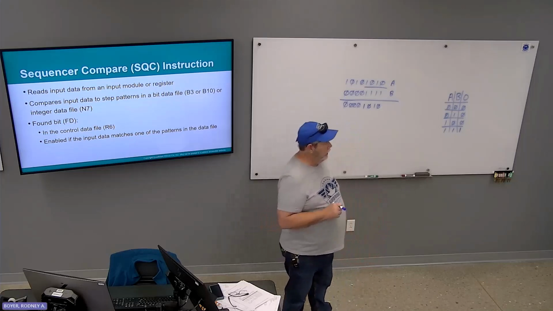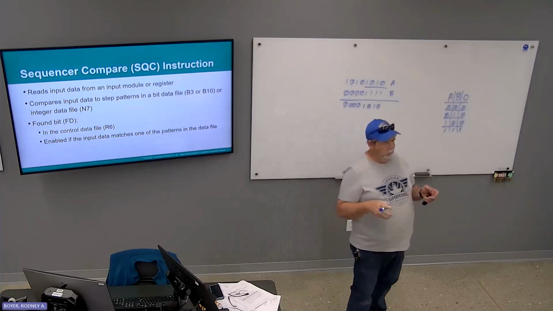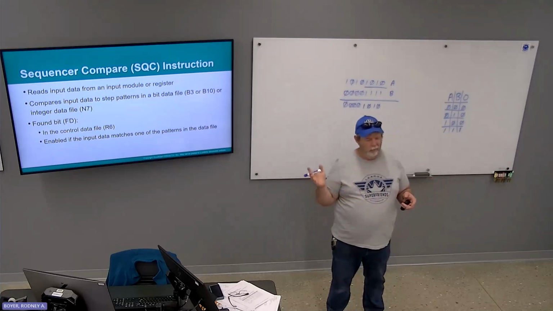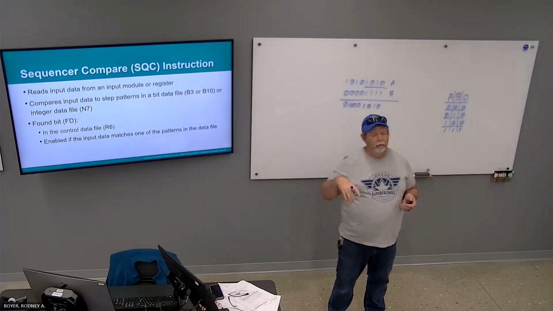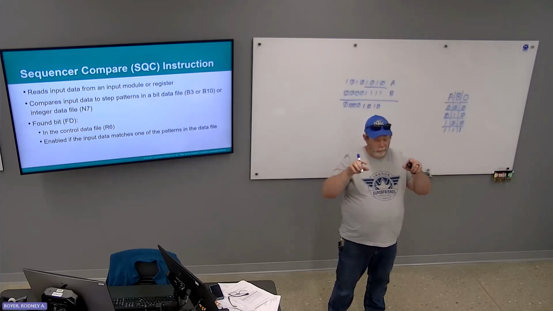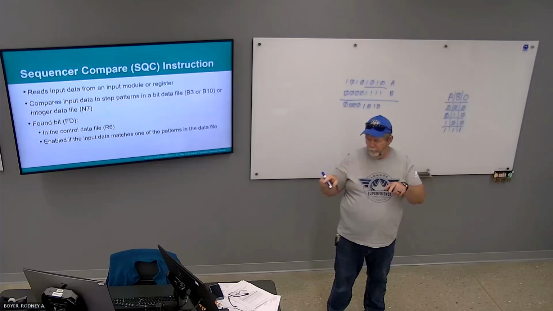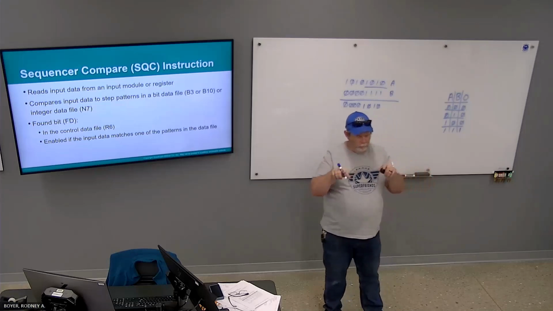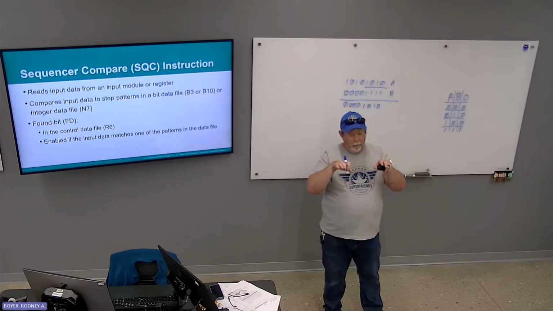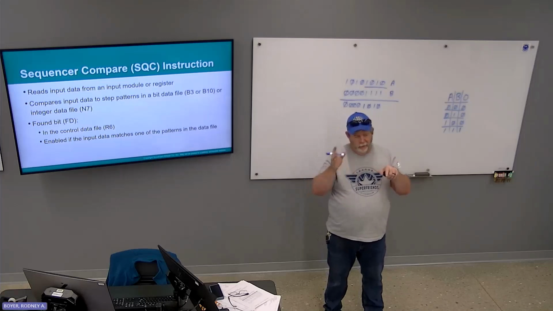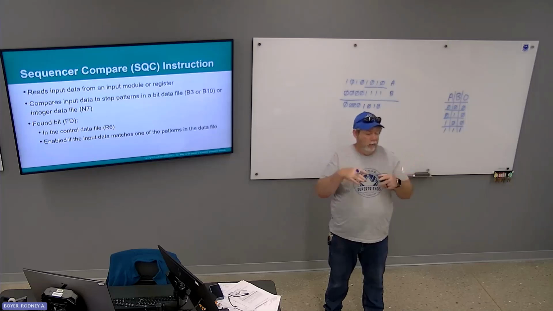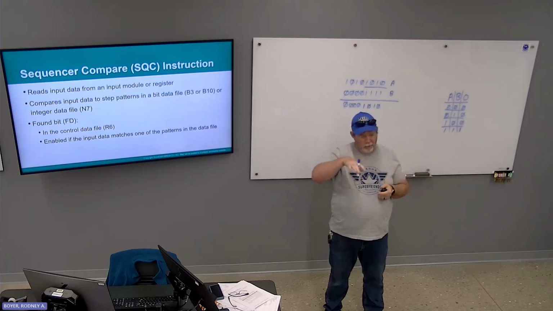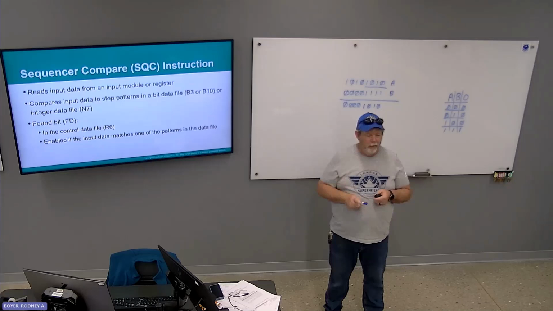So you can say that if inputs 0, 2, and 7 are on when you do the sequencer compare, and in your data file for sequencer output steps 0, 2, and 7, whatever I said, if it finds that exact bit pattern anywhere in the register, it'll execute that step.